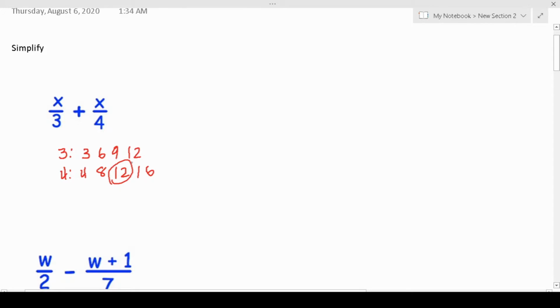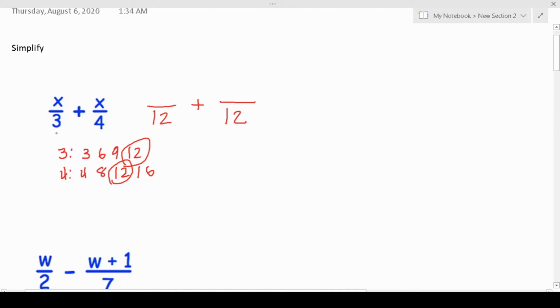As we can see, both of these have a least common multiple of 12. So that's going to be our least common denominator for this pair of fractions. In other words, we're going to rewrite both these fractions with a denominator of 12. So let's go ahead and set that up.